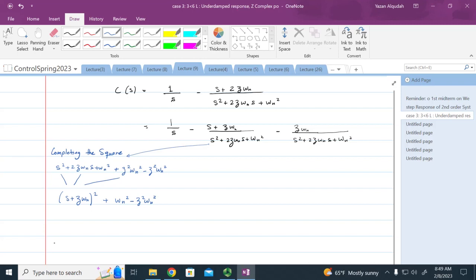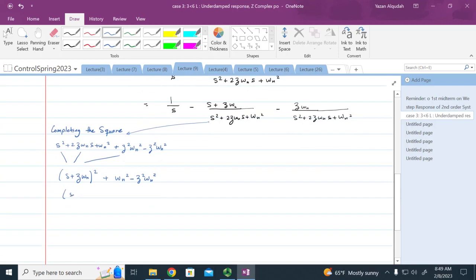I can also write this as s plus zeta omega n squared plus omega n squared multiplied by 1 minus zeta squared, which we can write as s plus zeta omega n squared plus omega n square root of 1 minus zeta squared, all squared.